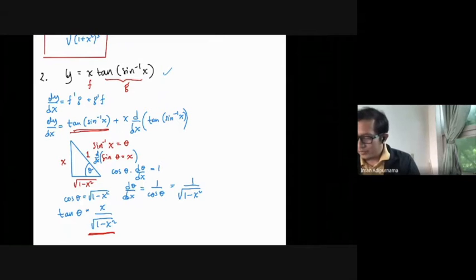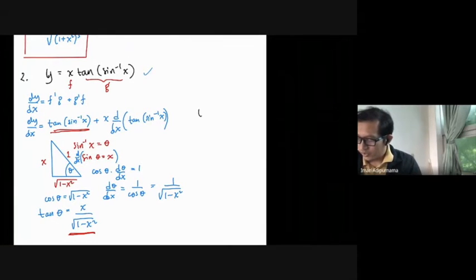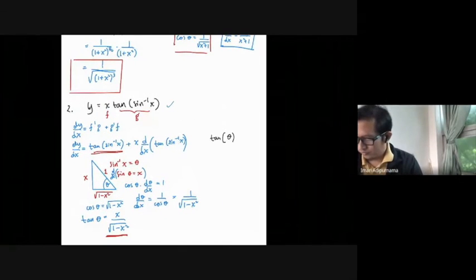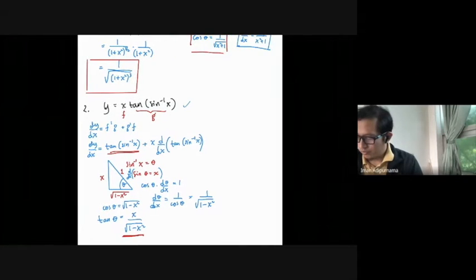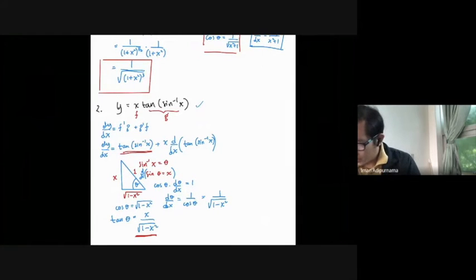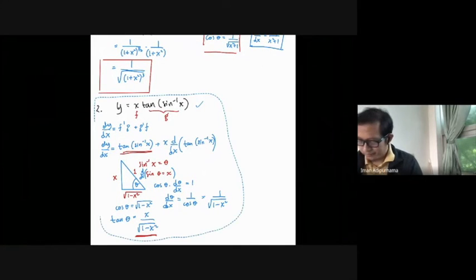So let's derive tangent sine inverse. Let me write sine inverse as theta, and derive this. Maybe I'll write it on another page, so it will be better.